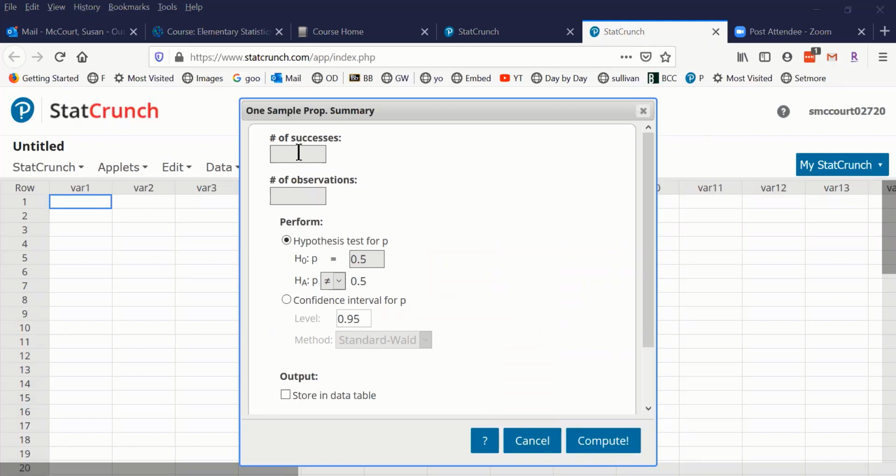And our number of successes was 19. And our number of observations was 863. And we're doing a hypothesis test with p equals 0.019. And then we want it to be a test for greater than, so a right-tailed test, and compute.